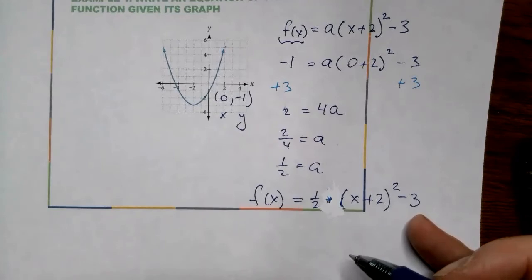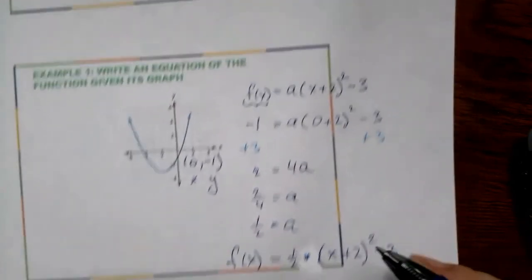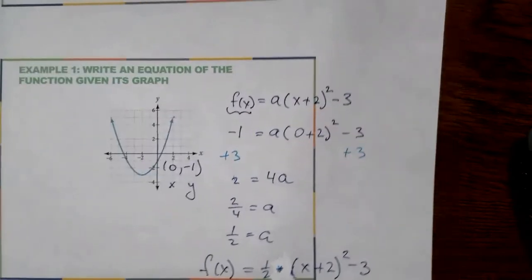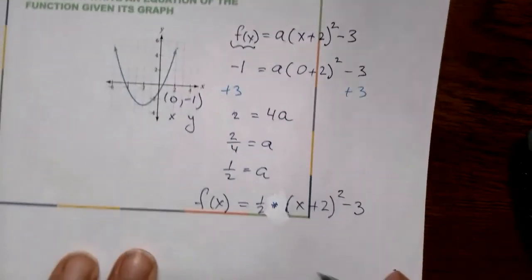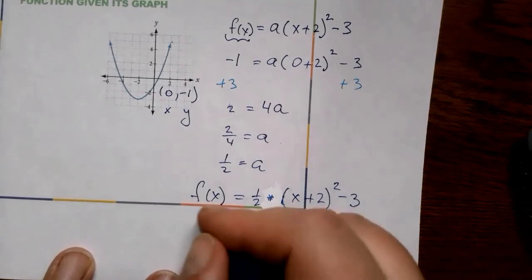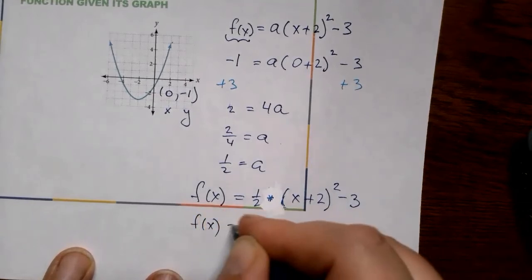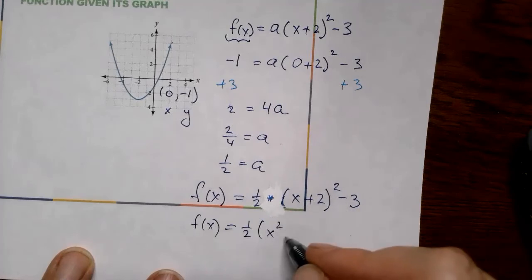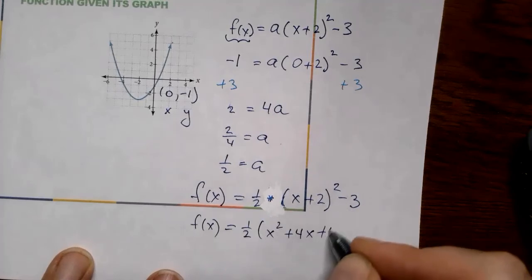What if you wanted to write not the standard, but the general form? How would you transform it into a general form? Well, it turns out it's very easy. You have to basically open up the square. So you have x squared plus 4x plus 4.